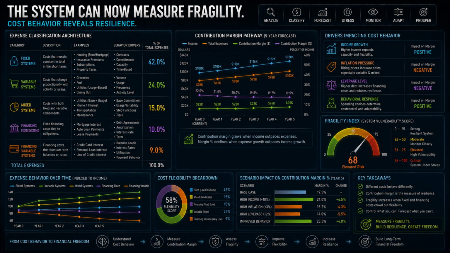This allows us to forecast contribution margin, operating leverage, or degree of lifestyle leverage, financial leverage, and household fragility. And this becomes incredibly powerful because now the system can evaluate how the household responds to inflation, income shocks, interest rate changes, and behavioral adjustments. This transforms the forecasting system into resilience analysis.